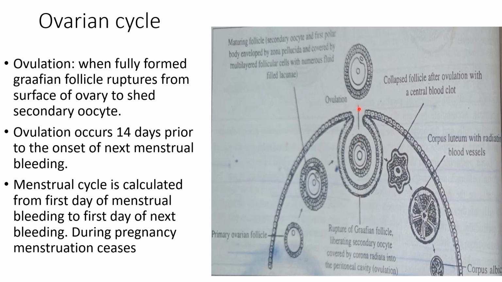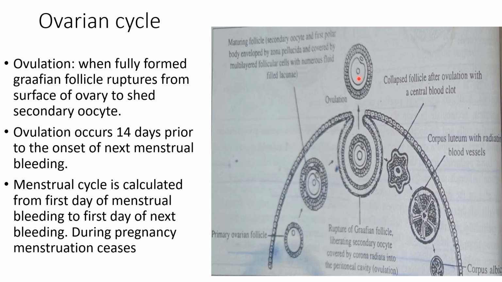This process is known as ovulation. Now, when the secondary oocyte is released during ovulation, it is arrested in the metaphase of second meiotic division.